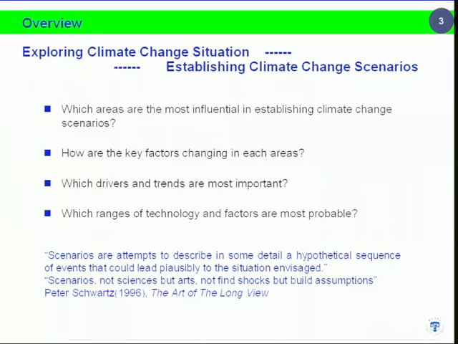And then we have some fundamental views for the future, climate-related in Korea. Which areas are the most influential? When we talk about climate, every factor is interrelated. All factors are involved.